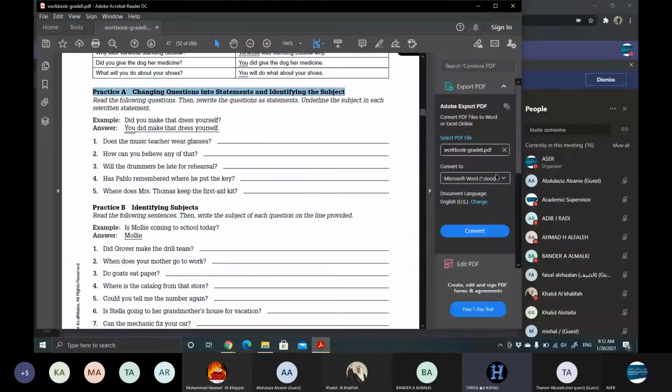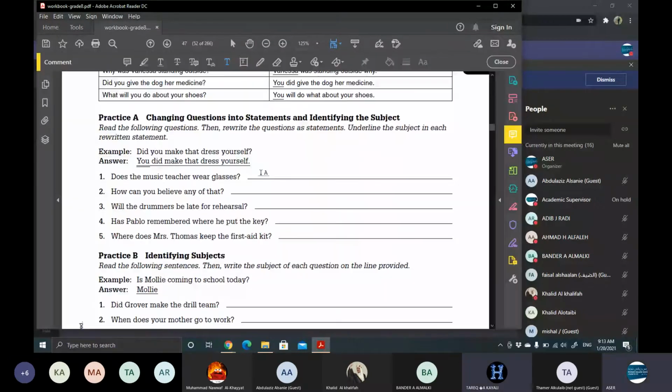The music teacher does wear glasses. So we have here, does the music teacher wear glasses? In order to change this into a statement, we'll say the music teacher does wear glasses.